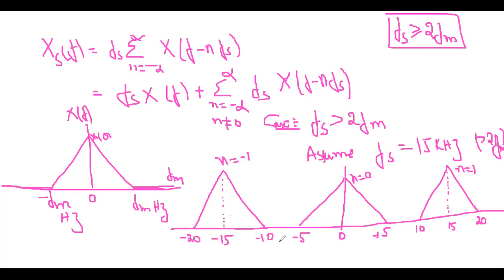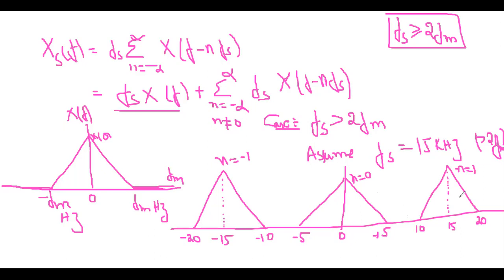Now you can see after the sampling, when n is equal to 0, we have only fs into X of f. After adding this function, fs into X of f minus n fs, when n is equal to 1, the signal is shifted by 15 kilohertz. What is fs here?